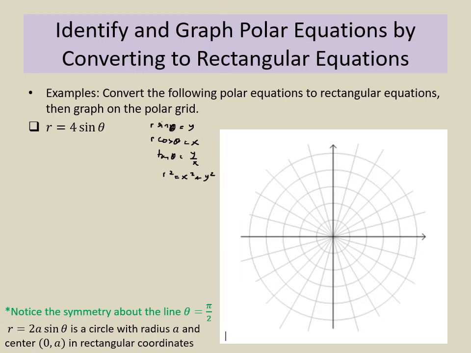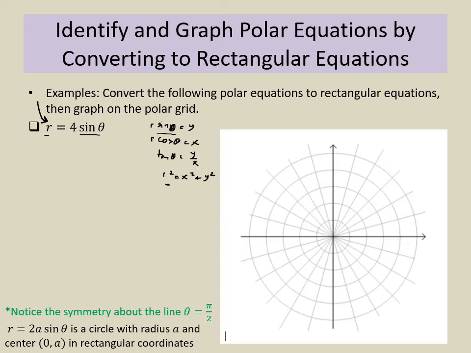So pause the video. Think about this equation here. We have an r. We can't convert it right away the way it is. We can convert r squared, like we did before. And here we have sine of theta. We also want to convert that. We want all the r's and thetas to become x's and y's. This one does have sine of theta, but you can't convert just sine of theta.